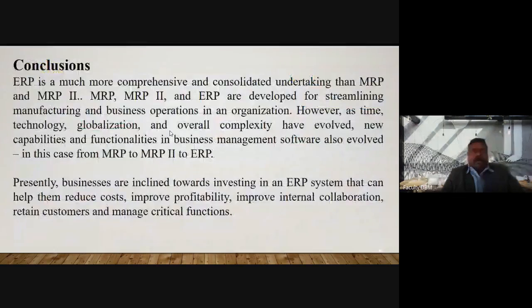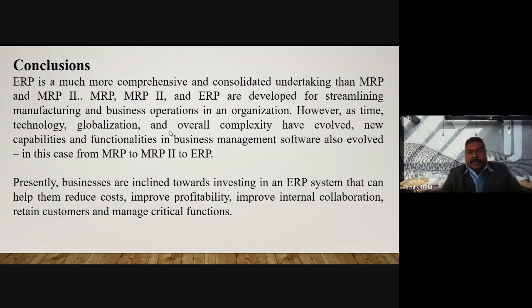Coming back to the conclusions, ERP is much more comprehensive and consolidated an undertaking than MRP and MRP2. And MRP, MRP2, and ERP are developed for streamlining manufacturing and business operations in an organization. However, as time, technology, and globalization have evolved, the overall complexity has evolved, and new capabilities and functionalities in business management software also evolved.